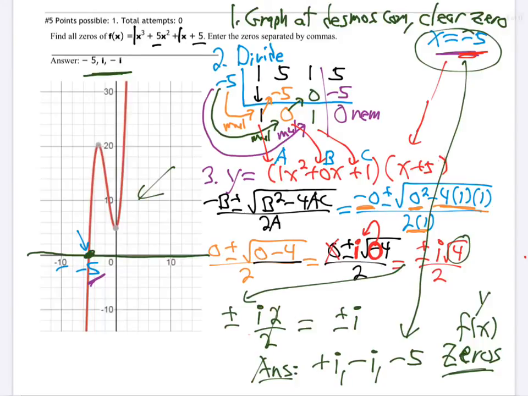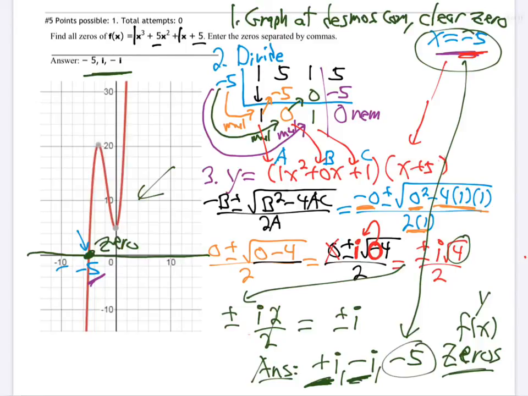The only place this function hits a height of 0, the only true 0, is at negative 5. It never touches the x-axis after that or before that. It never hits a height of 0 again, right? That's why the other 2 answers are not real. They're imaginary. It only hits it again in our imagination, not in reality.